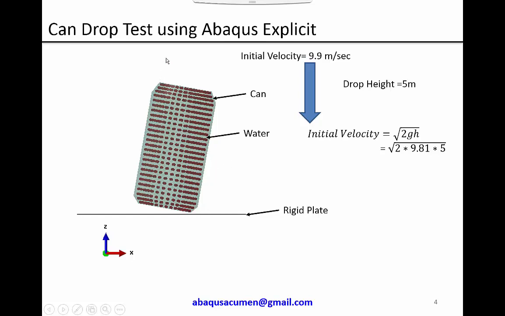Whenever you want to do a drop test, even though you have to drop from a 5-meter height, we are not going to physically drop it from 5 meters, because it would take a lot of time to hit the rigid surface, and we are not interested in what happens in between.